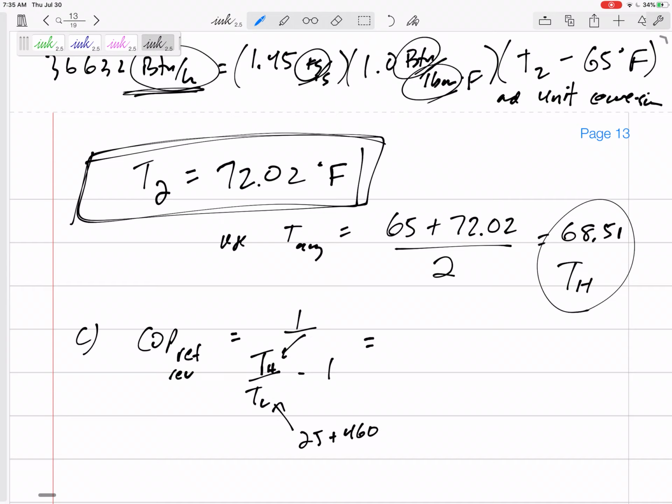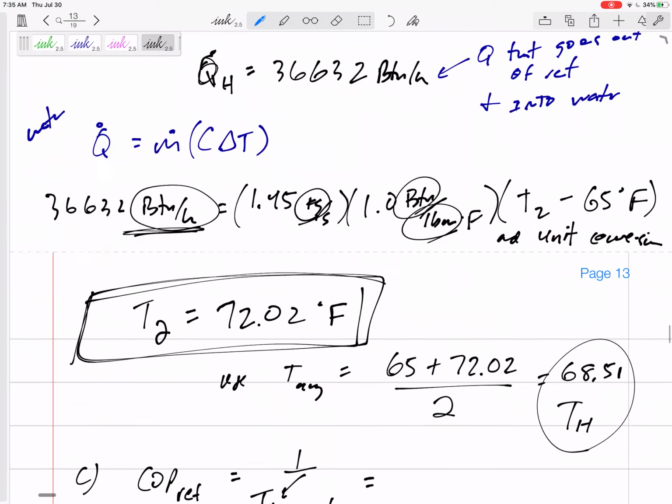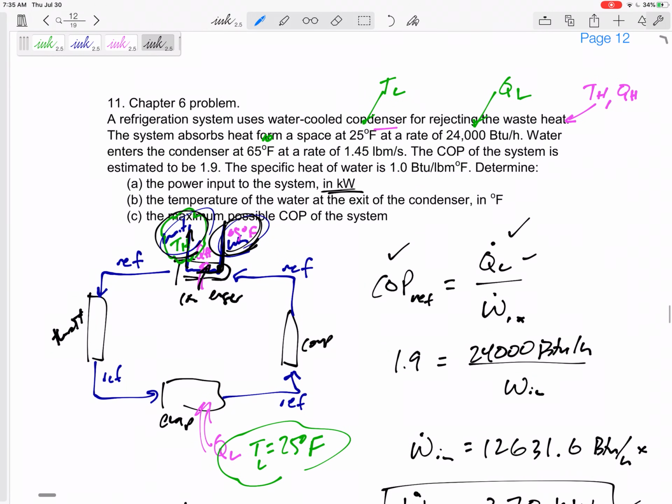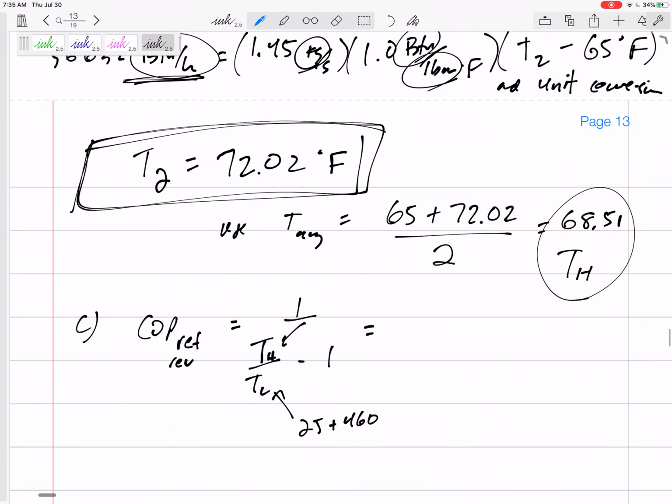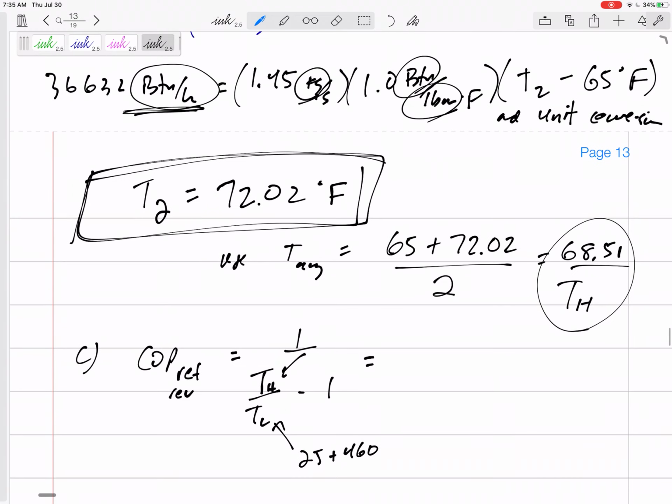And my TH was, what temperature am I rejecting the waste heat out into? It's going out to the water, and the water is at 65, it's leaving at 72. So in general, it's rejecting waste heat to a temperature of 68.02.